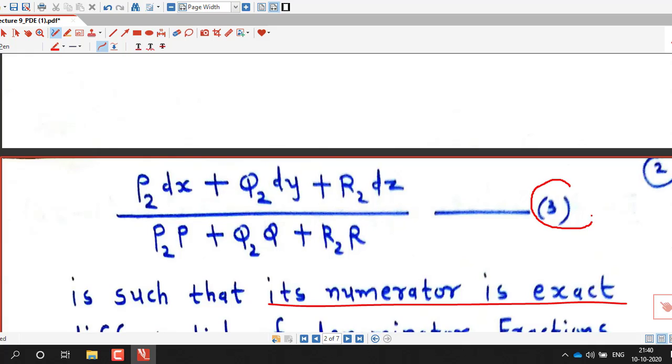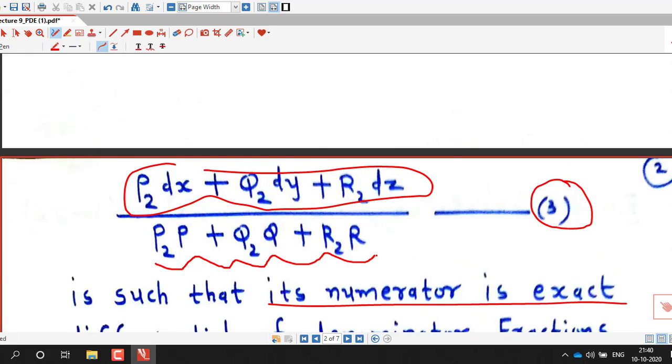So this is another fraction which is generated using multipliers P2, Q2, R2 such that this numerator is exact differential of this denominator.